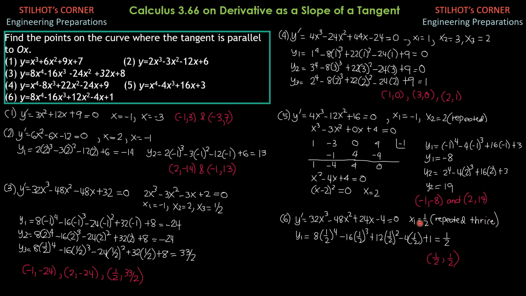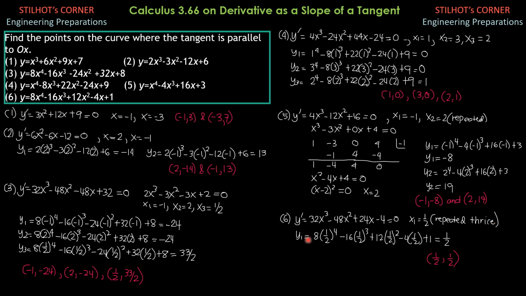In other words, if we factor this, it is 4 times (2x minus 1) cubed. That's why the root is 1/2 and it is repeated thrice.